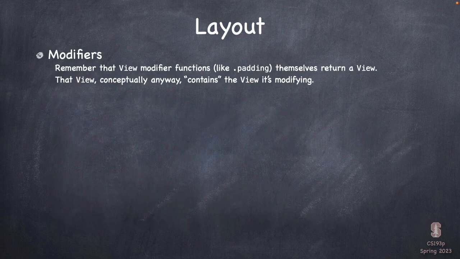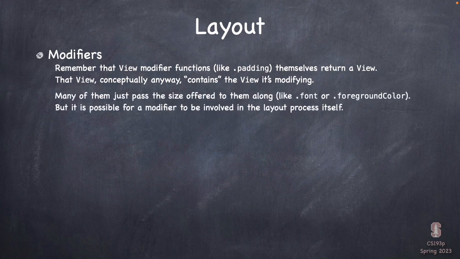Modifiers. Why am I talking about view modifiers here in layout? Because really, a lot of modifiers are essentially like little layout engines, if you want to think about it that way. I mean, some of them, like let's say foreground color or font, they're not layout things. Whatever size is offered to them, they just pass it on to the view they're modifying, right?